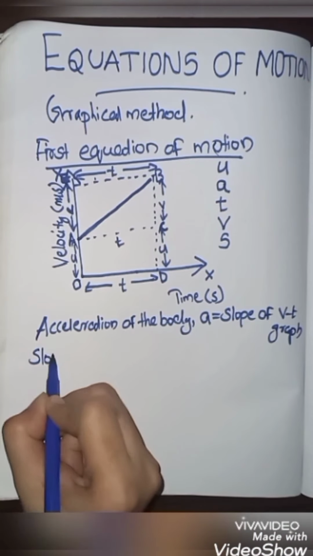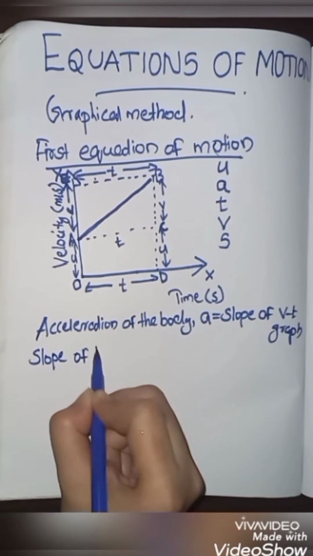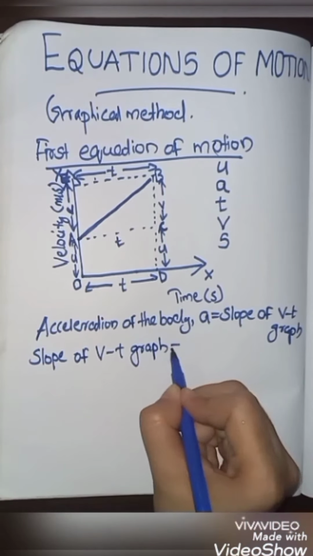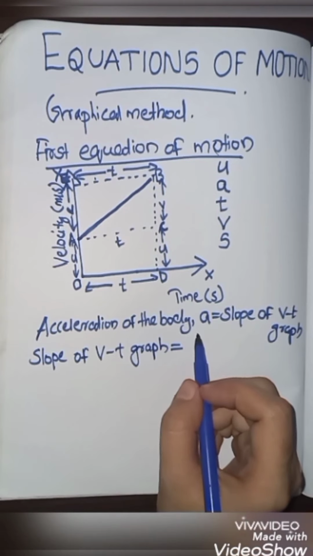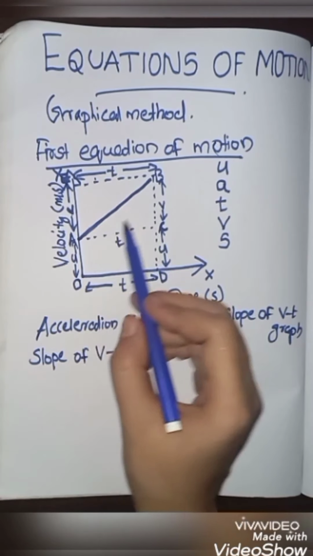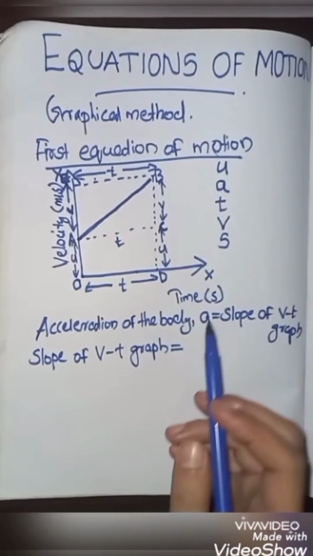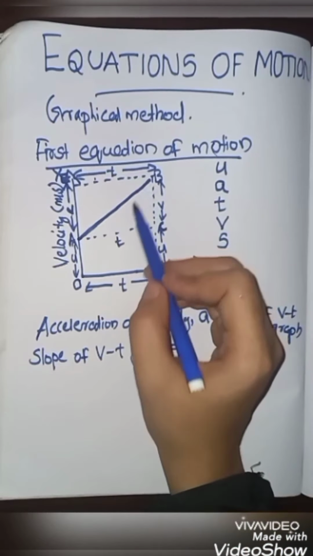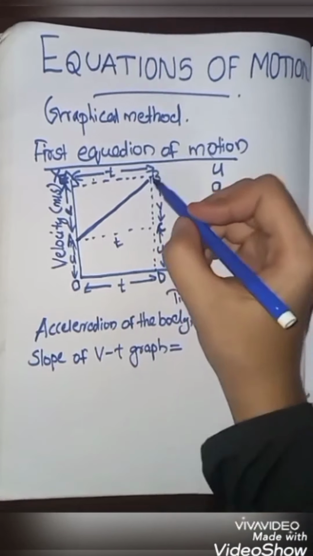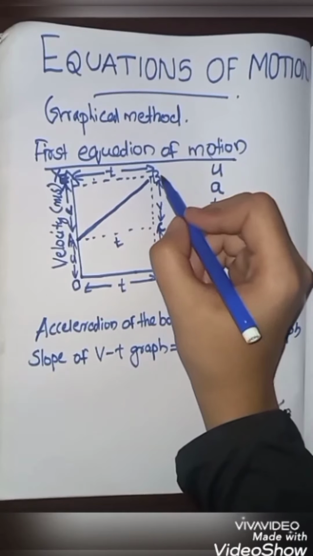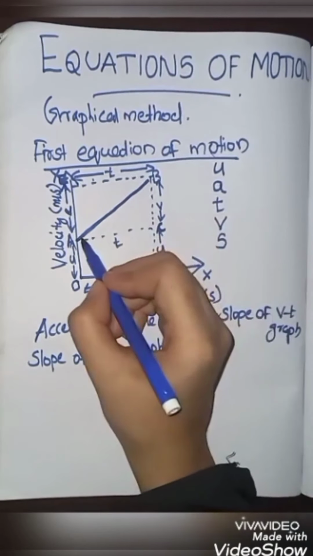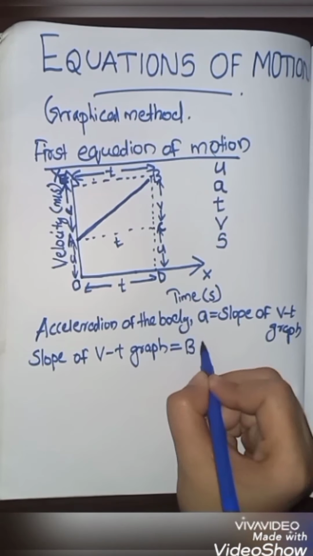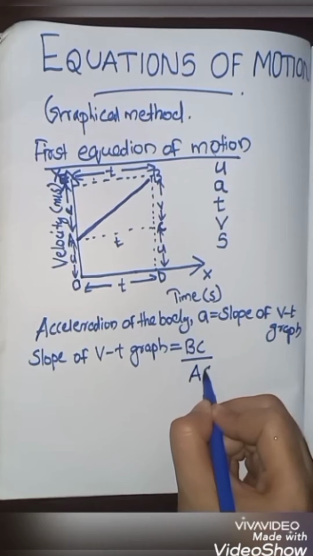The slope of this velocity time graph is equal to BC by AC. In mathematics, you will study how to find the slope. So the slope of the velocity time graph is equal to BC by AC.